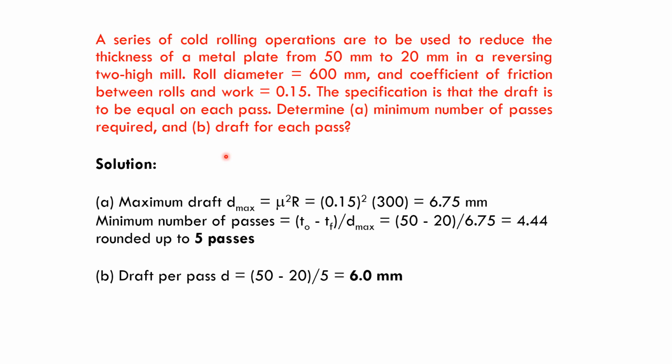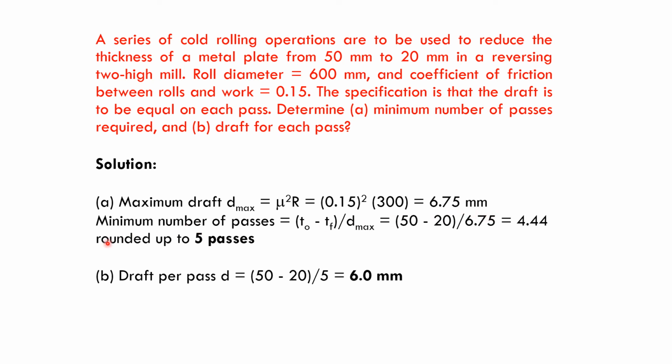So you can use the equation D max equal to the coefficient of friction squared times the roller radius. When you put the coefficient of friction 0.15 squared times the radius for the roller, 300, it will become 6.75 mm.